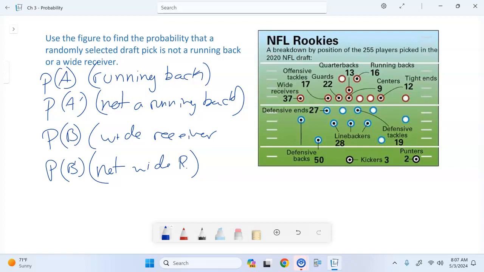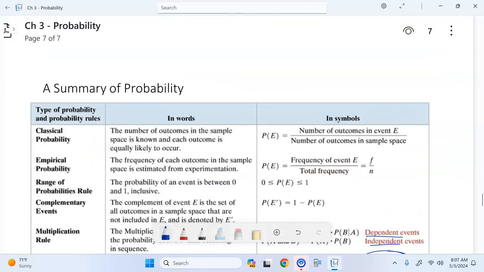So are we going to use the addition rule or the multiplication rule? Addition rule. Are they mutually exclusive or not mutually exclusive? Not mutually exclusive. Can you be both? No. If you cannot be both, it's mutually exclusive; think back to this chart right up here.